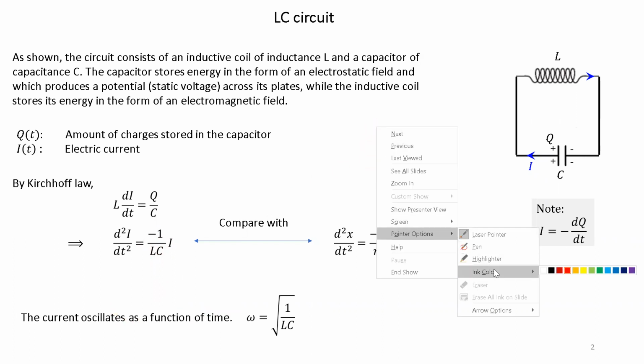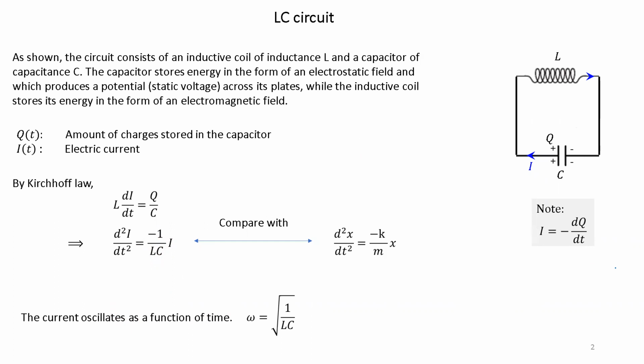Let me draw a picture. I as a function of time will look something like this, given that the initial condition is that this capacitor is charged up but no current. So this would be our result, with this frequency.